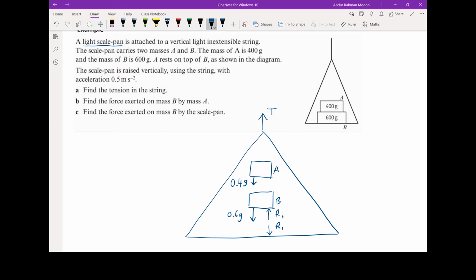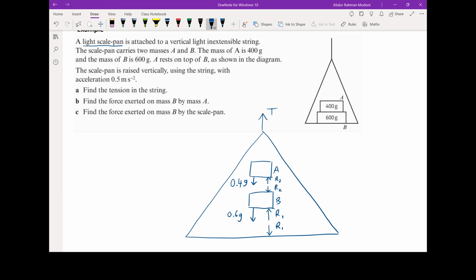Now we have another contact between object A and object B. And again, I will draw the reaction forces between these two objects here as well. Object A will feel object B pushing up on it, and object B will feel object A pushing down on it. These two forces will be equal and in opposite directions, so I will label this as R2.